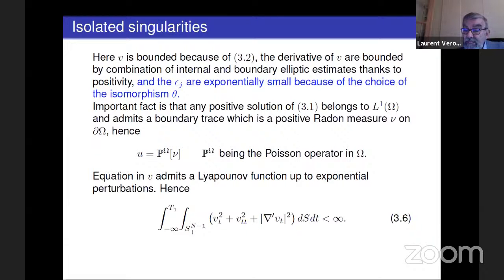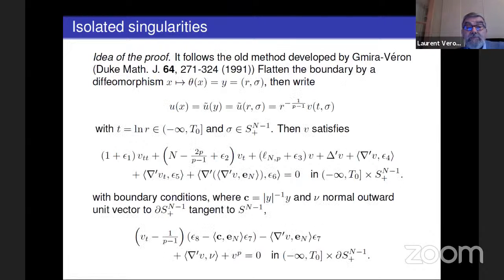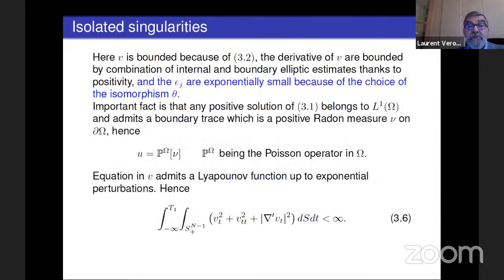Now the question in V, this one here, it admits a Lyapunov functional, that means it has an energy structure up to epsilon perturbation. So you multiply essentially by V_t and you obtain something which is quite reasonable on one side, and you integrate over S^{n-1}_+ times minus infinity to T1.